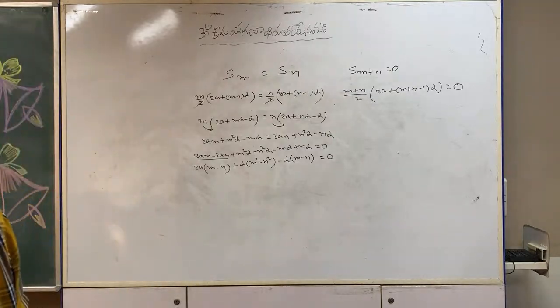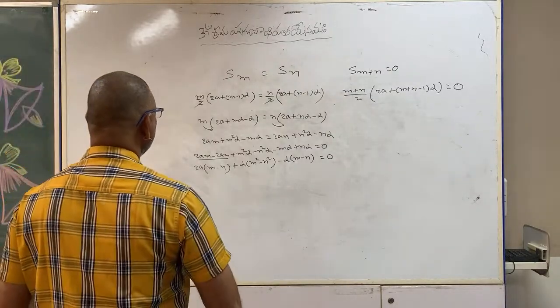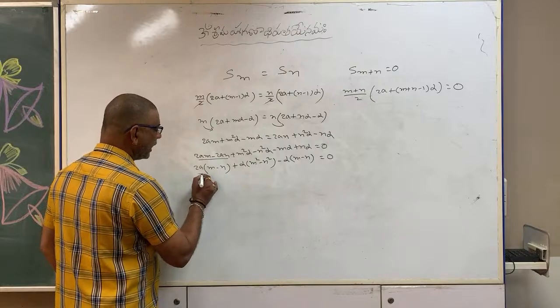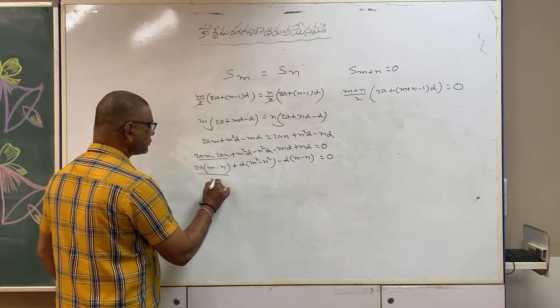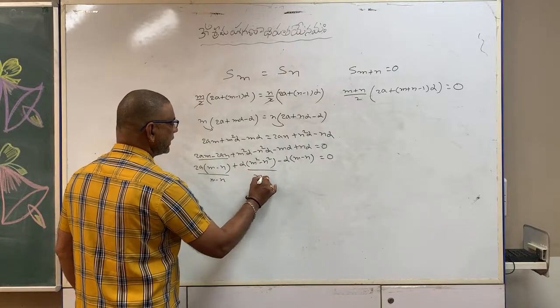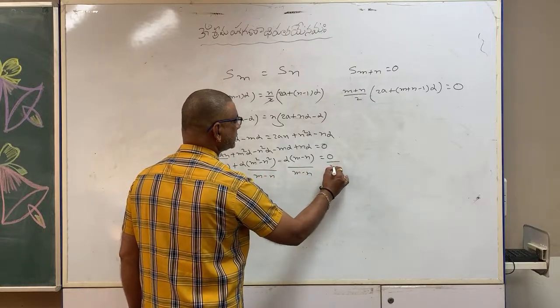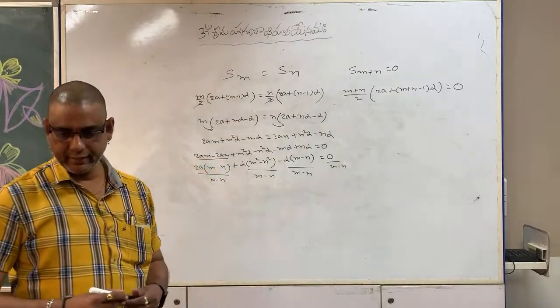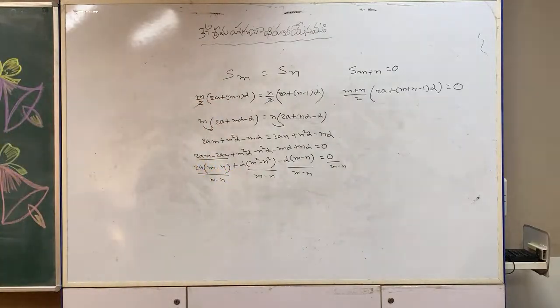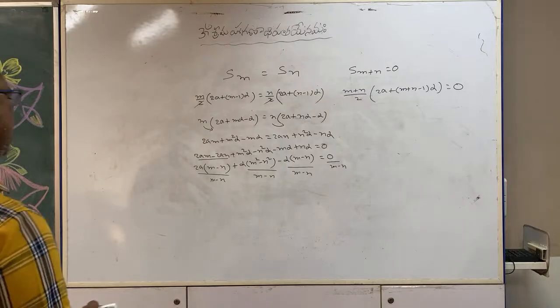Now, what I will do is divide all three terms by m minus n on both sides. Dividing the total expression by m minus n, what is remaining?